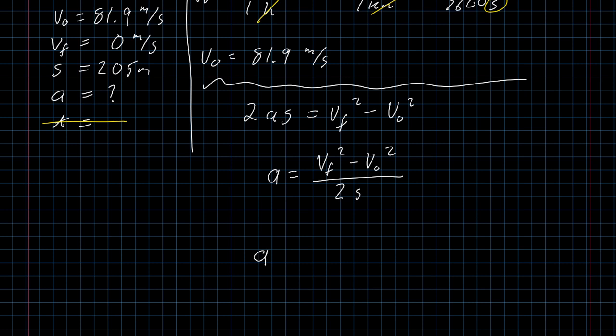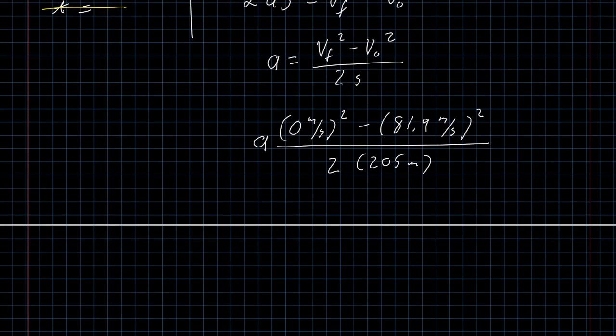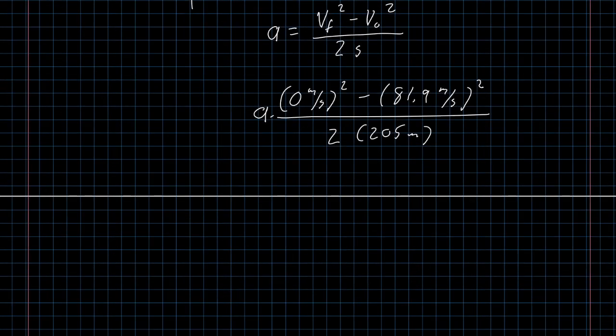All right, so vf is 0. v naught is 81.9. 2 is 2, and s is 205. All right, 0 squared is 0.